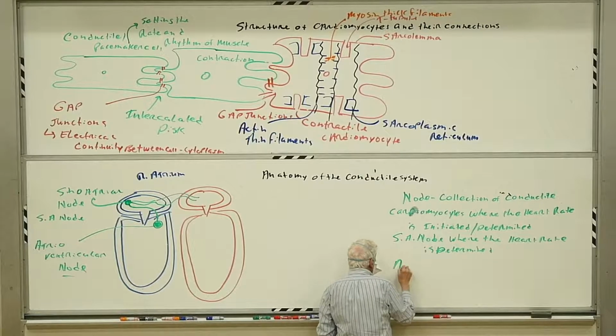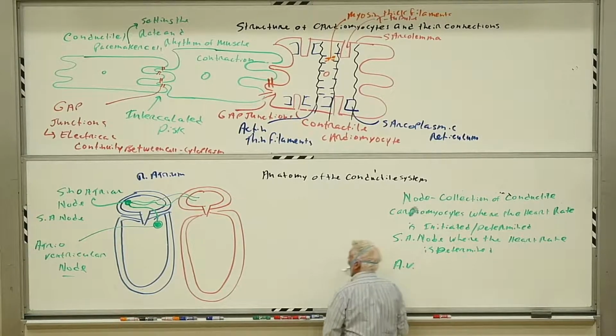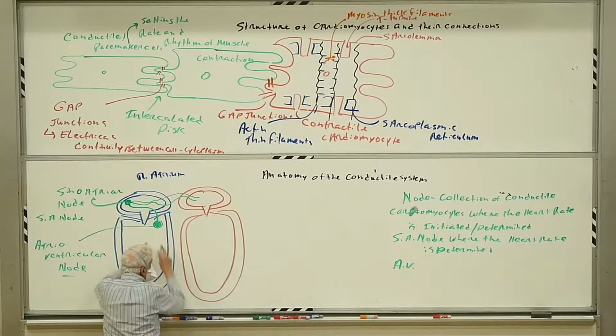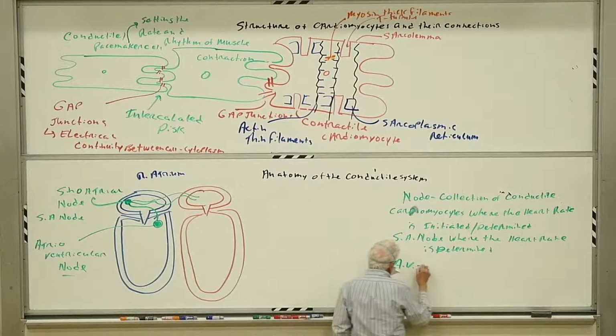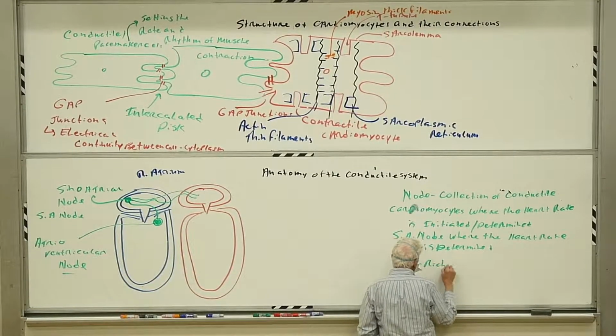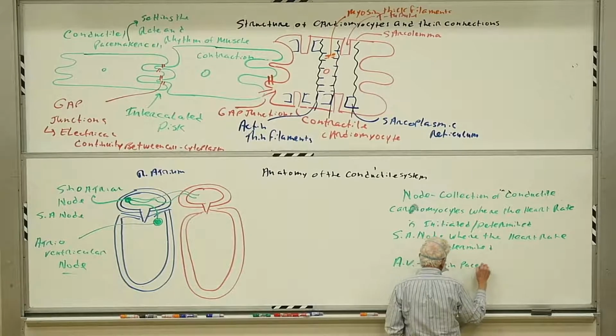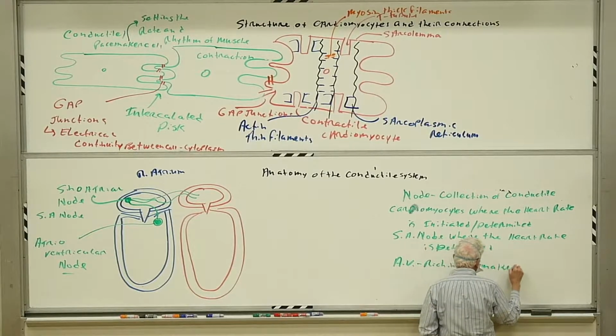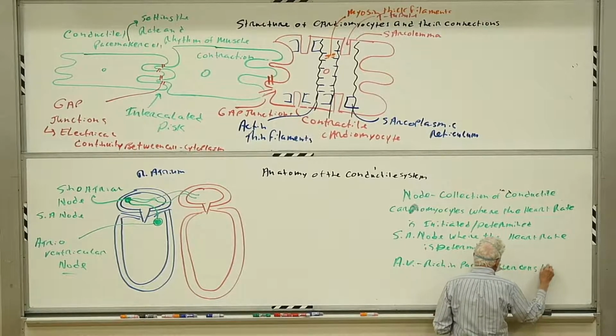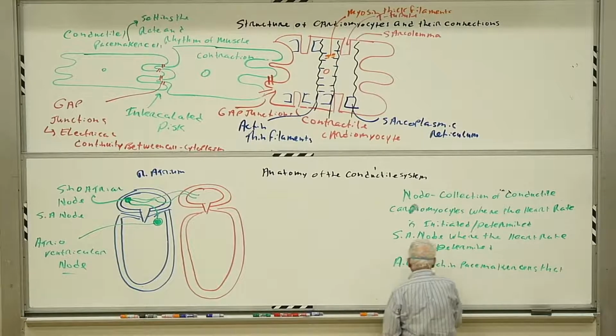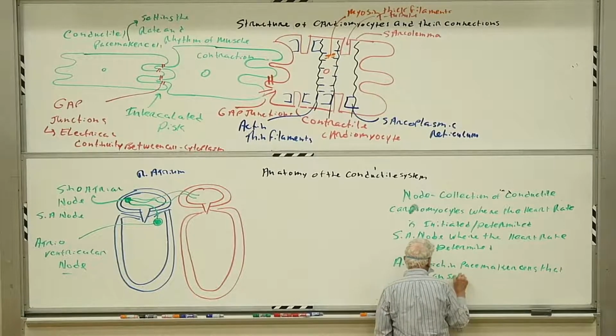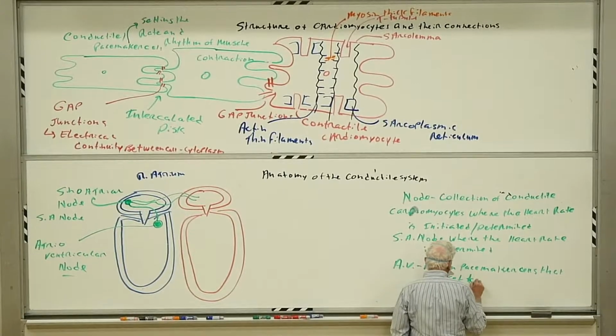But the AV node, the atrioventricular node, is also rich in pacemaker cells that can set the heart rate.